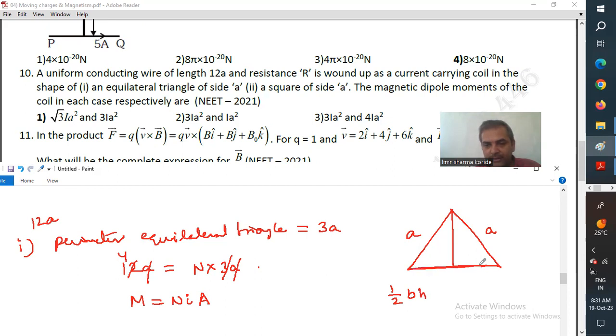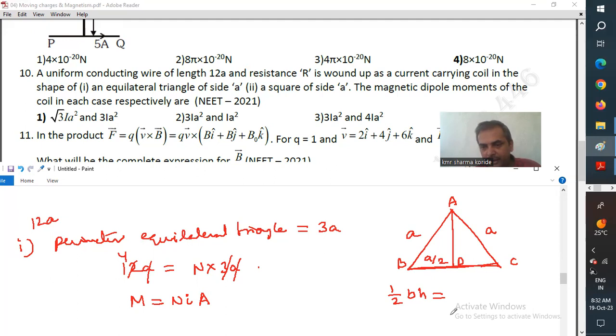So what is base? If you say this entire is A, this will be A by 2. So total is A. So therefore, making use of this, we need to find out this height. So you call this is A, this is B, this is C, this is D. So AD we need to find out.